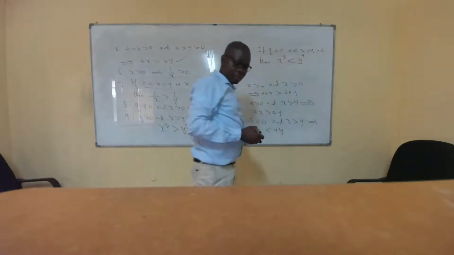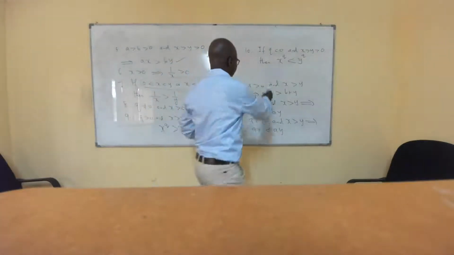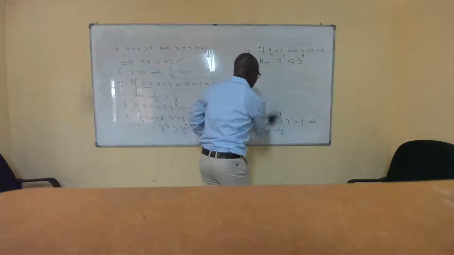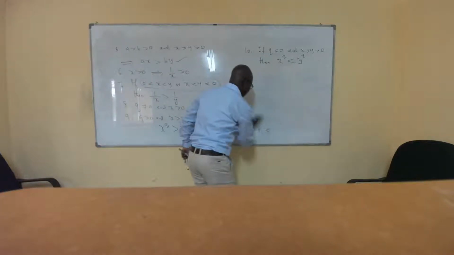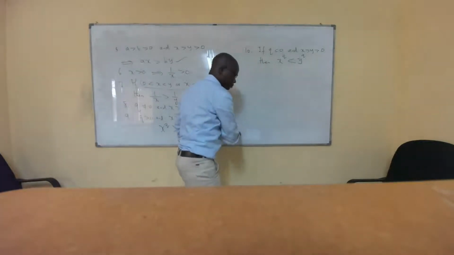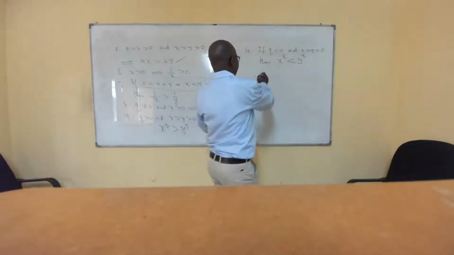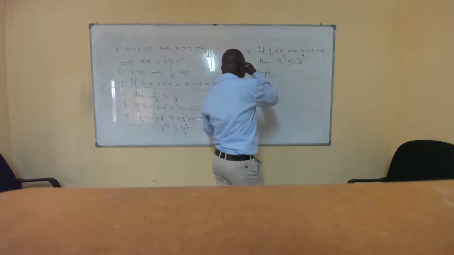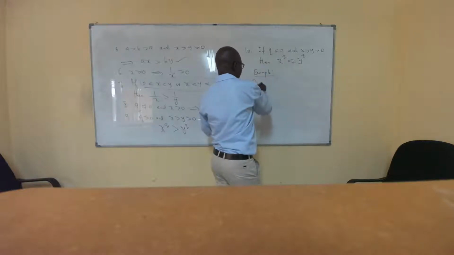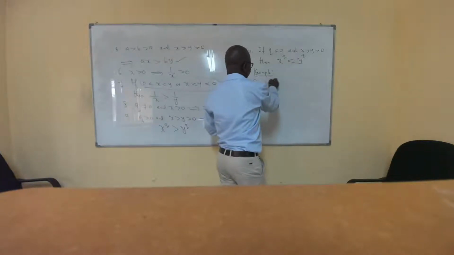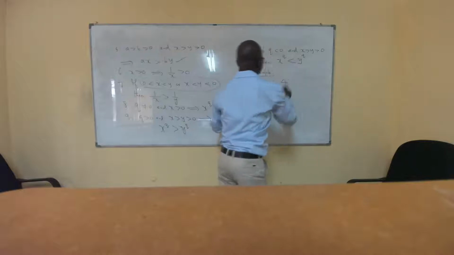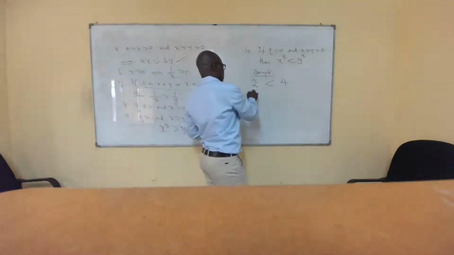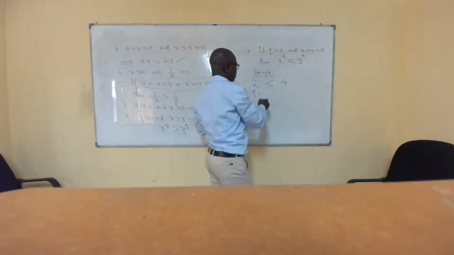We can check just to illustrate what is happening here. An example of this last one is, if you have 2 is less than 4, this is the known fact. So choose your q to be minus 2.